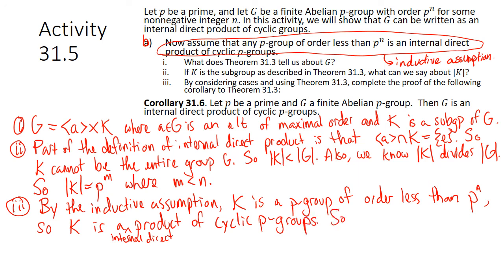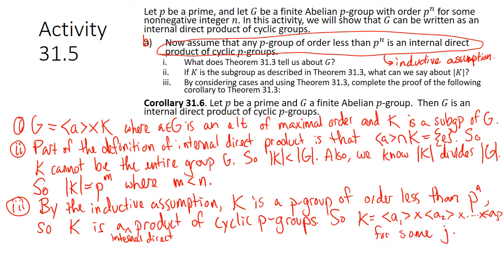Okay, so I'm going to say that K equals a1 times a2, like this, times dot dot dot, times, I don't know how many there would be, I'll just call it aj, for some j.